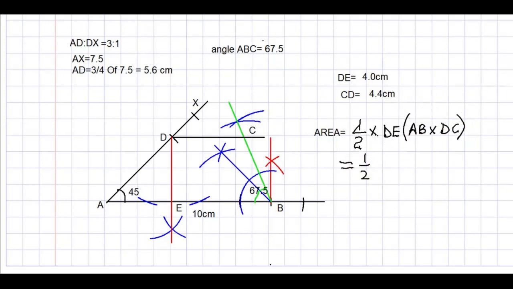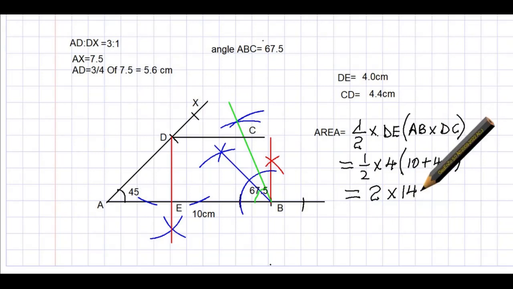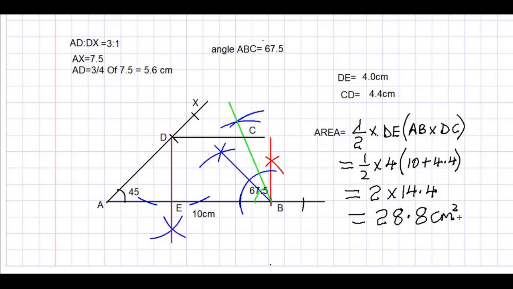So this we get a half times DE is 4.0 centimeter, then times 10 plus 4.4 centimeter. So we end up getting a half of 4, that is 2 times 14.4 centimeter, which we end up getting as 28.8 centimeter squared, and that is the area of the trapezium.